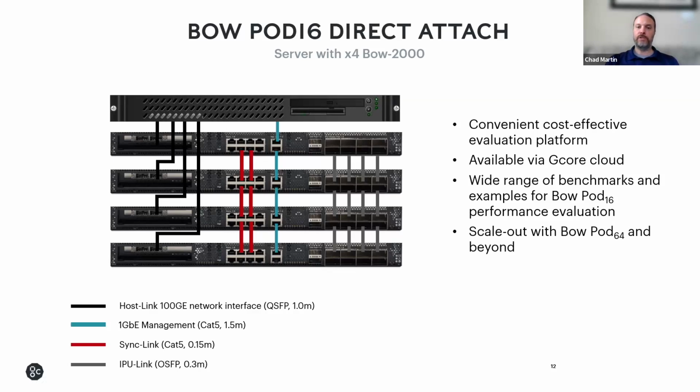Now, each of these, obviously, as the point of today's conversation, POD16 usage, POD64 usage is available via the Argonne system. There are also systems available via G-Core's public cloud, if that's of interest as well.